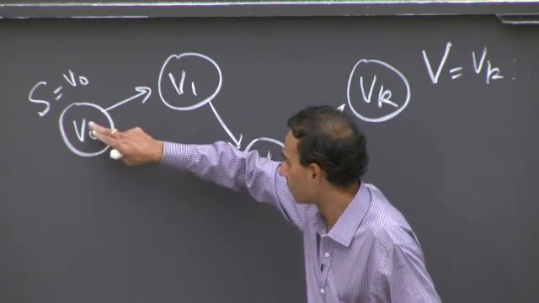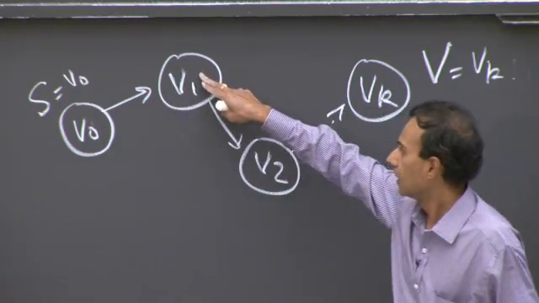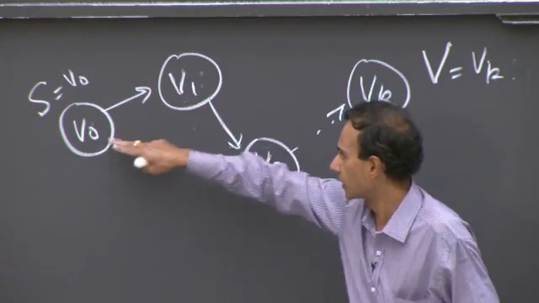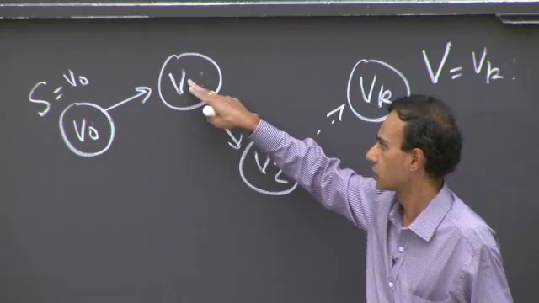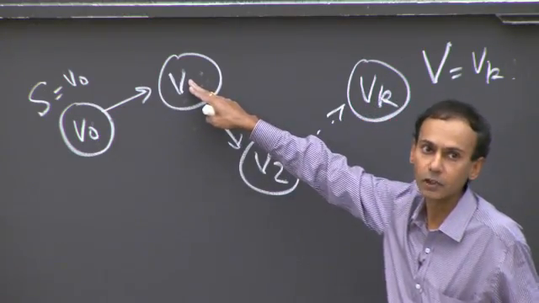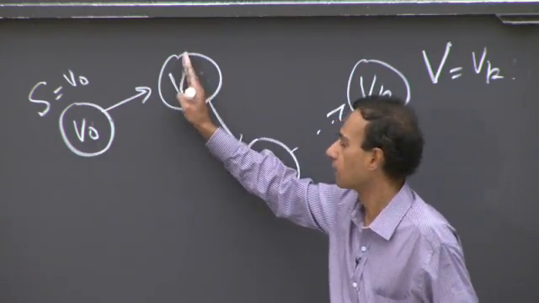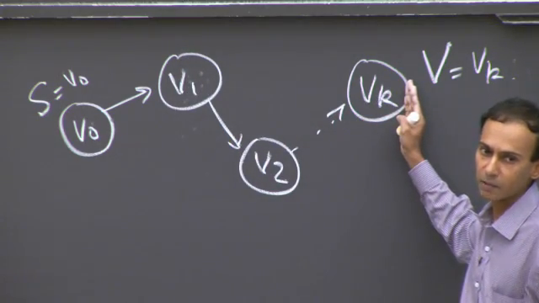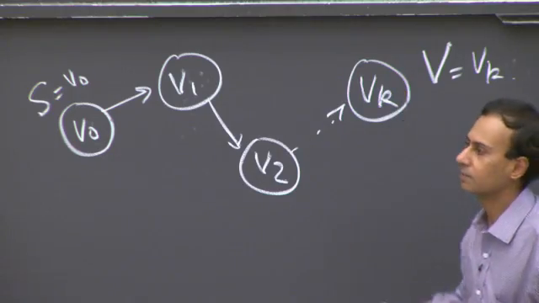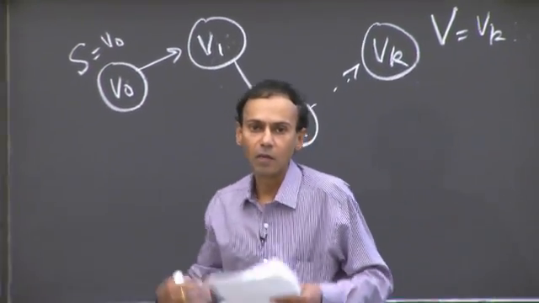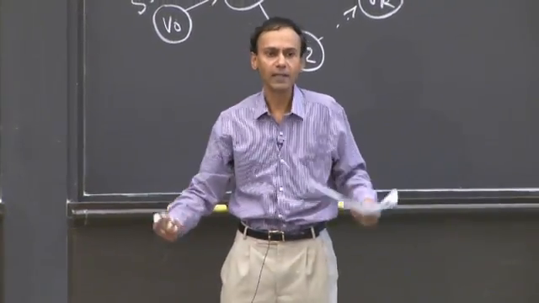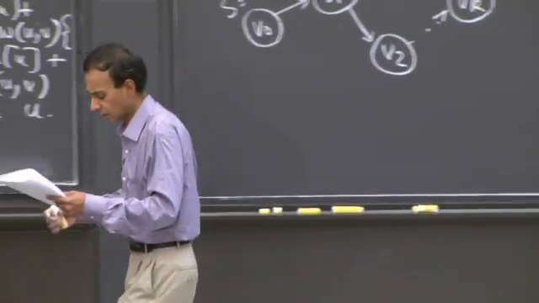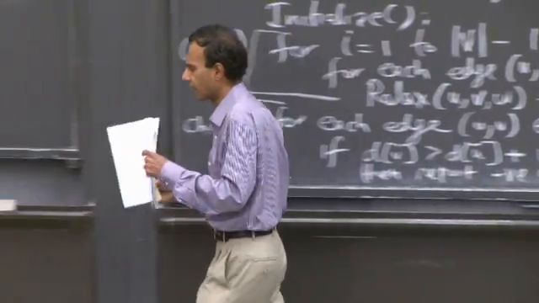I'm going to relax this edge, and I'm going to get the value of delta from S to V1. And it's this relaxation that's going to get me that value. After the first pass, I'm going to be able to get to V1. After the second pass, I can get to V2. And after K passes, I'm going to be able to get to Vk. So I'm just growing this frontier one node every pass. And that's your induction.